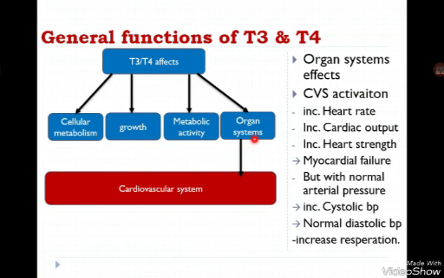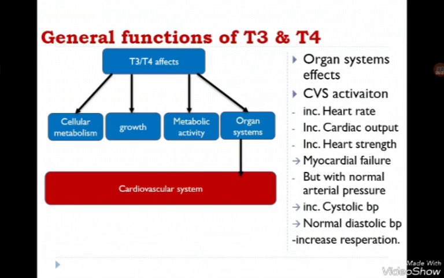In general, increasing metabolic activity will increase the energy demand of the cells. That's why it's going to activate the cardiovascular system by a negative feedback mechanism. So it will increase heart rate, cardiac output, and heart strength.